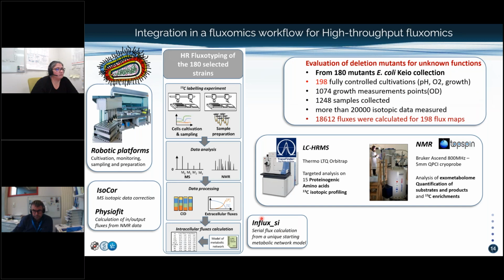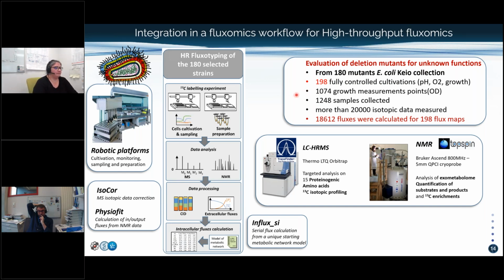To exploit and evaluate this workflow, we decided to use a series of mutants from the E. coli KO collection. We extracted from those mutants a series of unknown function mutants, to see if we could find silent mutations that were affecting flux maps.